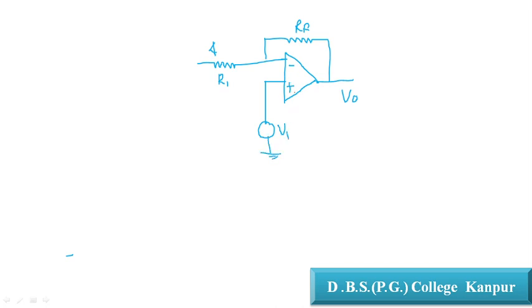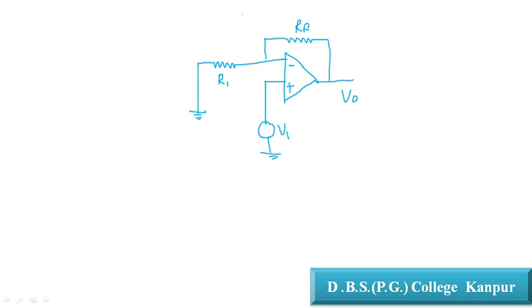So I am trying to make a figure by this, and this is provided with a ground. Okay, we are using the eraser. Okay, so again we select the pen, ballpoint. We are taking the color red.